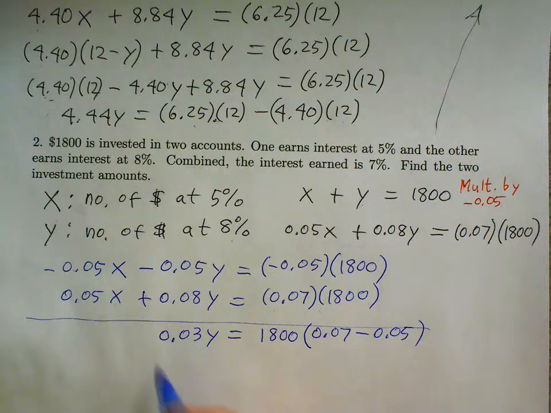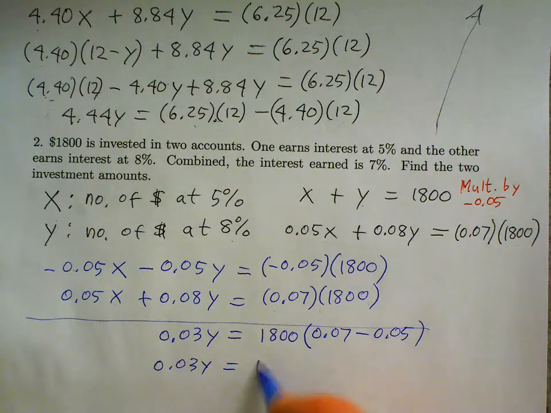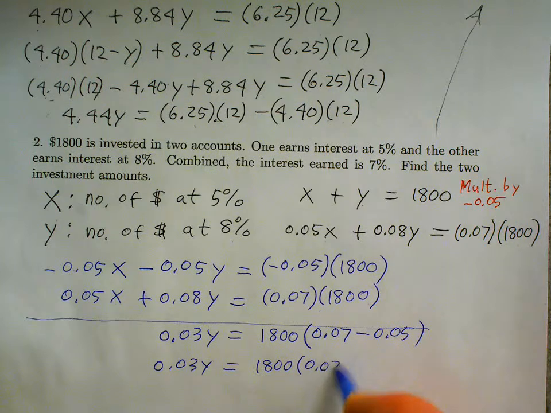Okay, so we can probably figure this one out to the end. 0.07 minus 0.05 is 0.02. And 1800 times 0.02 is just 36.